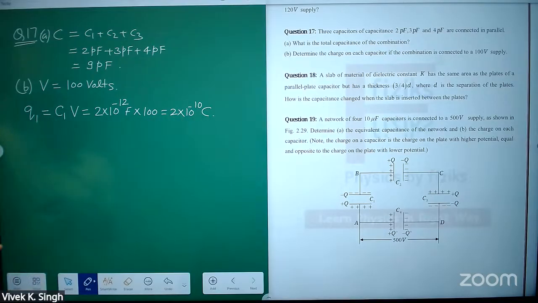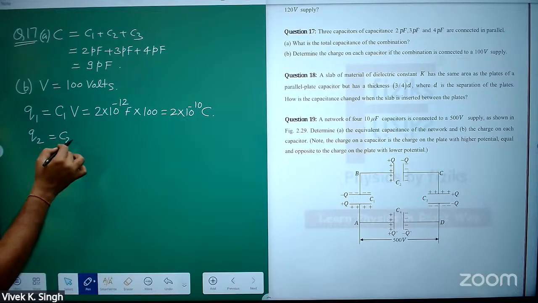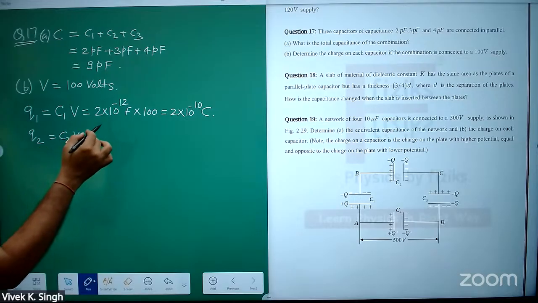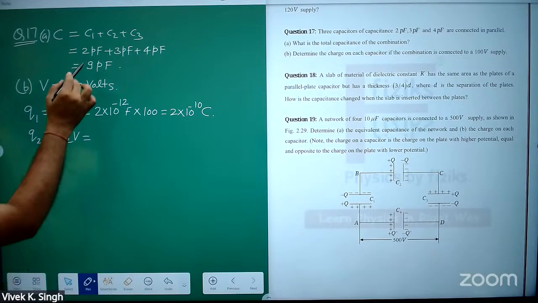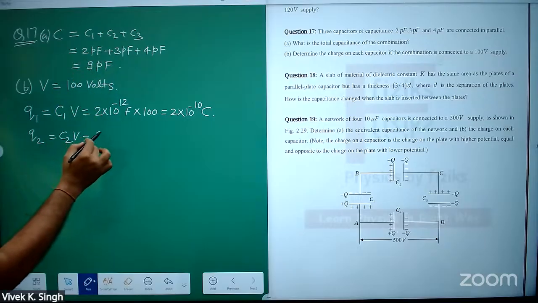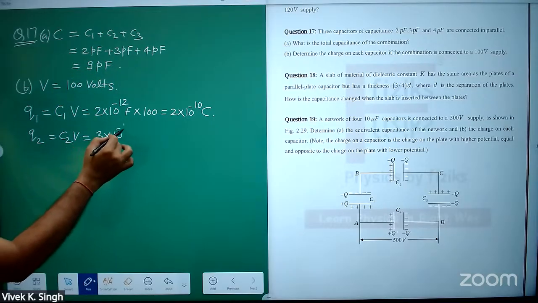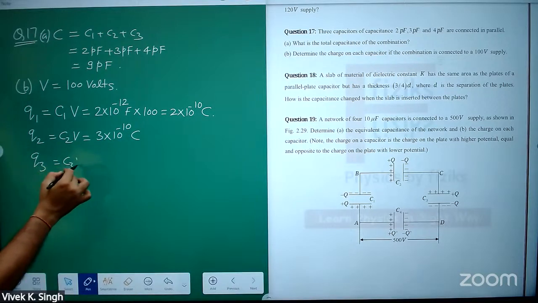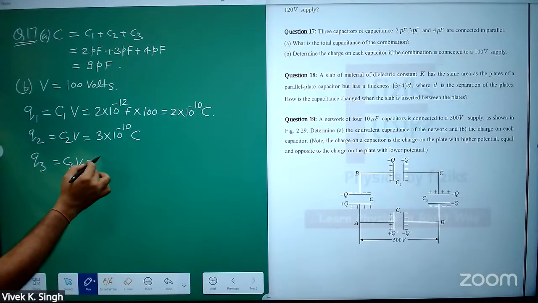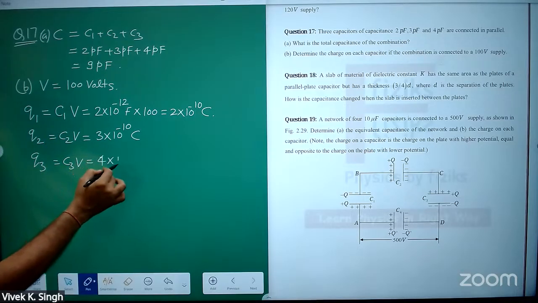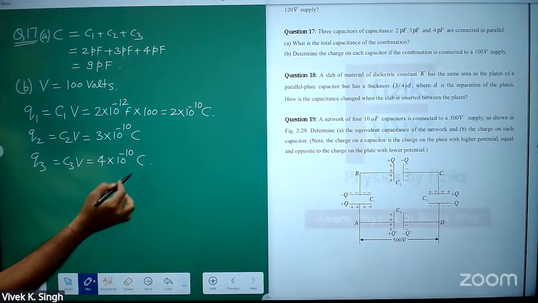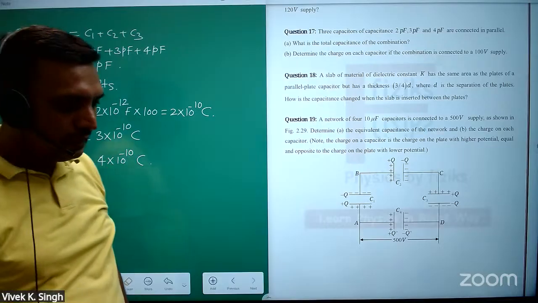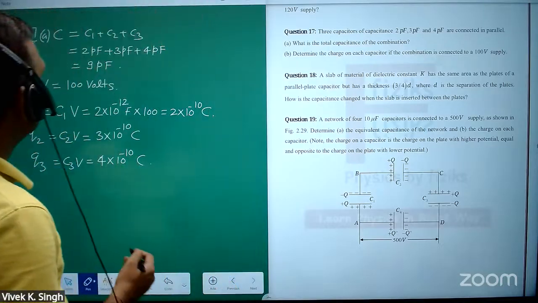So this will be the charge on one capacitor. Similarly, Q2 is C2 into V. C2 is 3, so this will give you 3 into 10 to power minus 10 coulomb. And similarly, Q3, V is 100, and this will give you 4 into 10 to power minus 10 coulomb. So these are the direct questions you can easily solve.